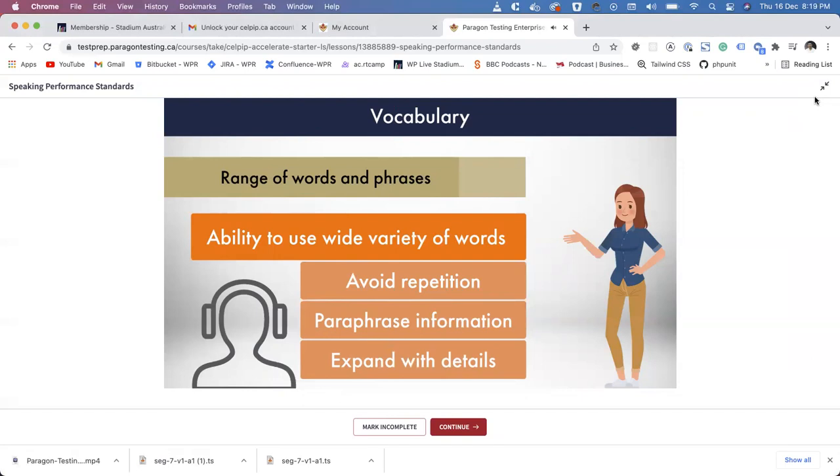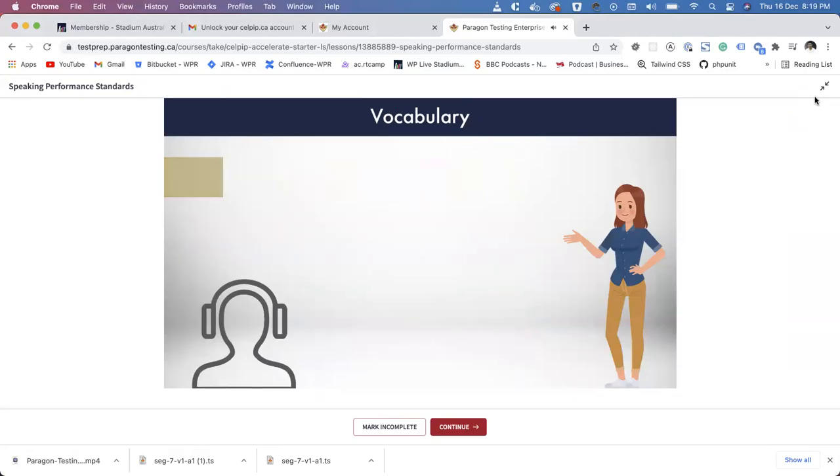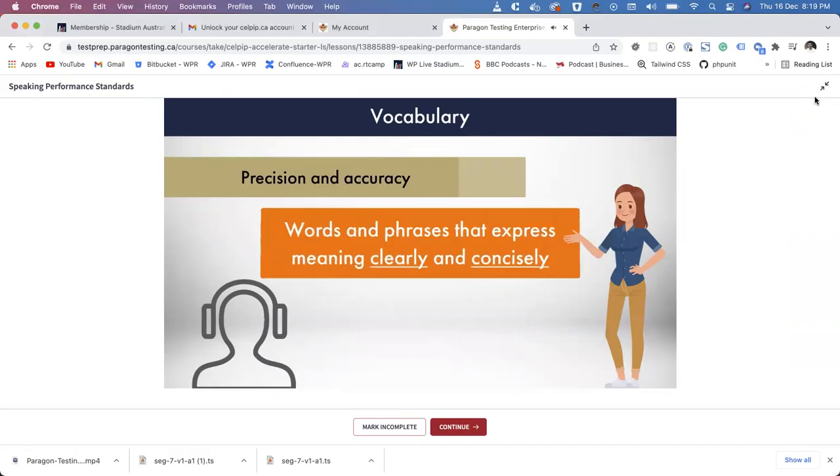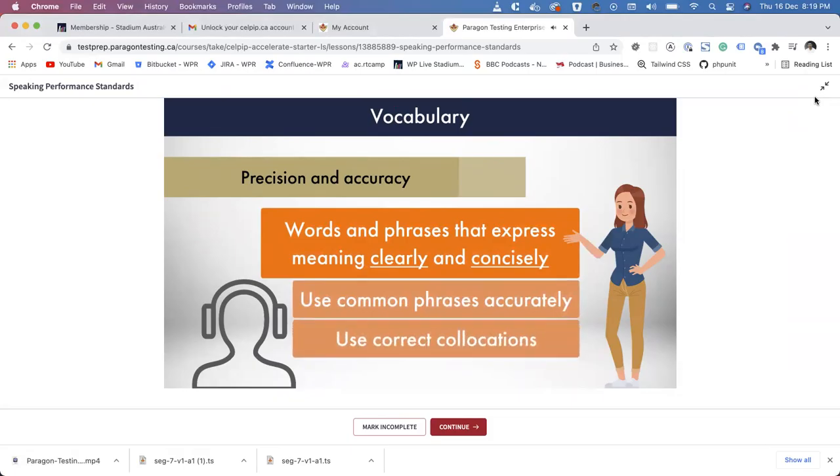The final aspect of the vocabulary dimension that raters take into account is precision and accuracy. They will be looking for words and phrases that express meaning as clearly and concisely as possible. They'll reflect on whether you're using common phrases accurately and using correct collocations.